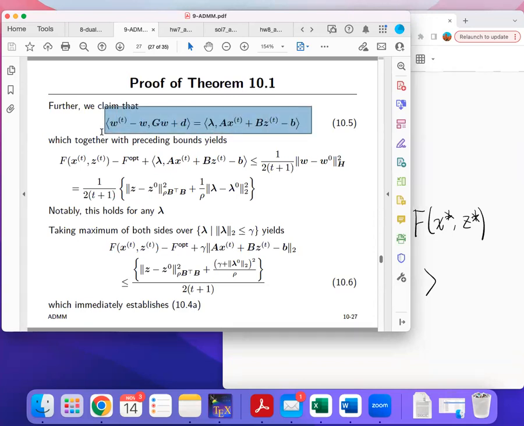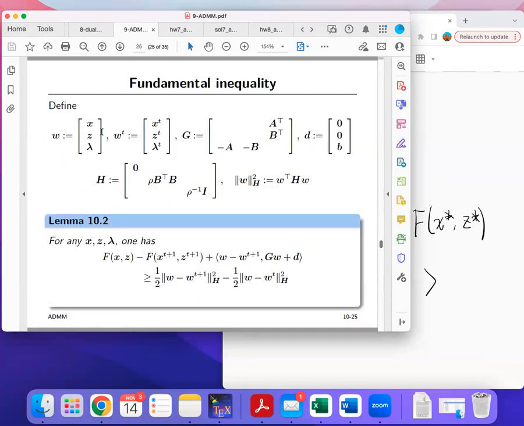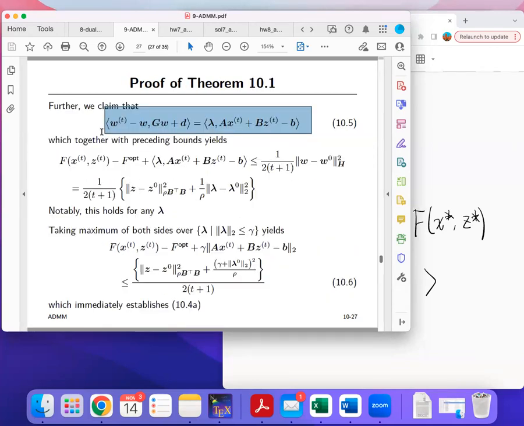This is just because by the definitions of matrix G and omega, just plug them into this inner product term and simplify. You can check this one, 10.5.